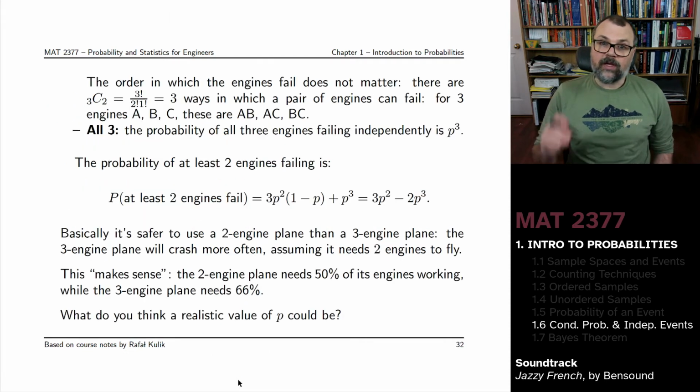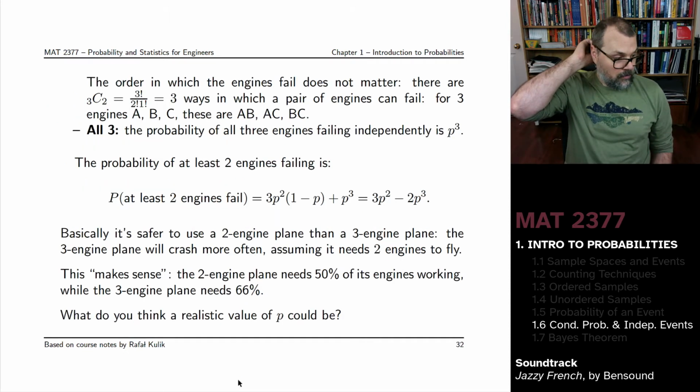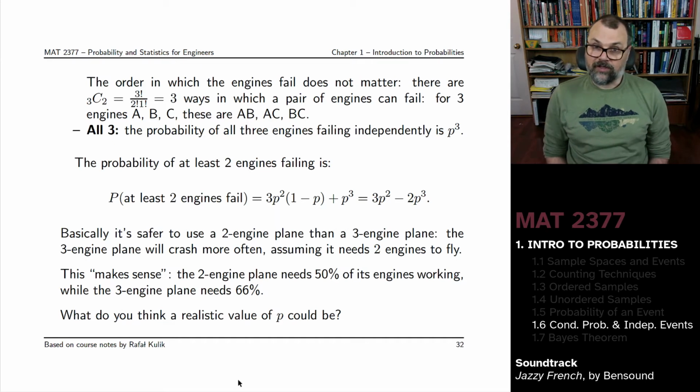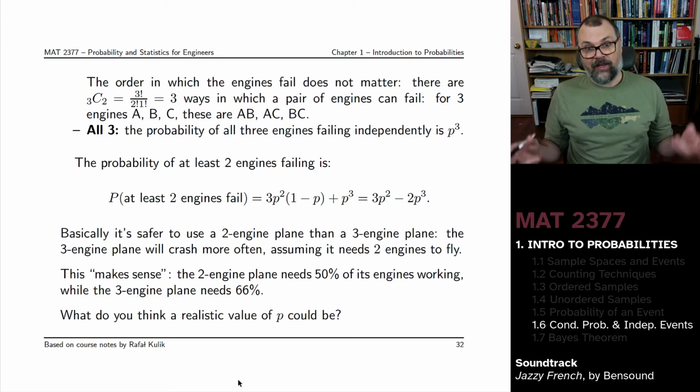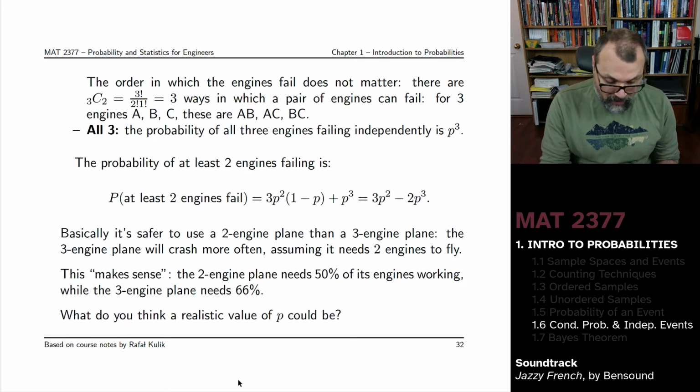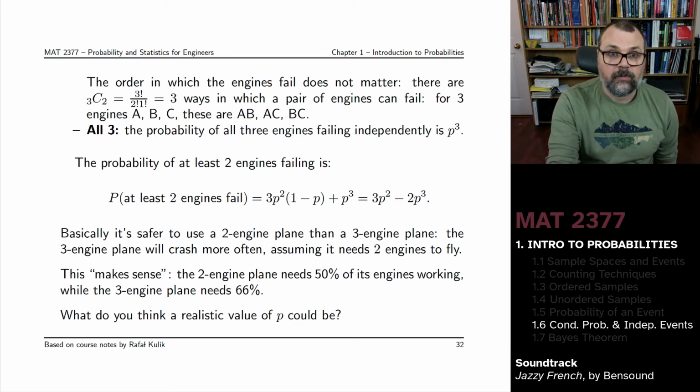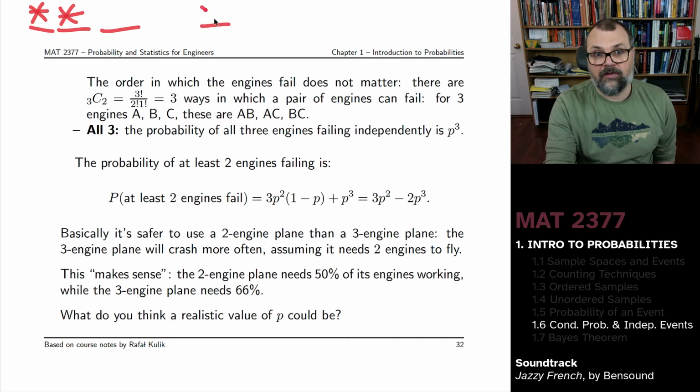There are many ways for a pair of engines to fail. In fact, it's a combination, right? 3 choose 2. You're looking at pairs of engines that can fail out of 3 engines. It could be that you have engine 1 and 2. It could be that you have engine 1 and engine 3.